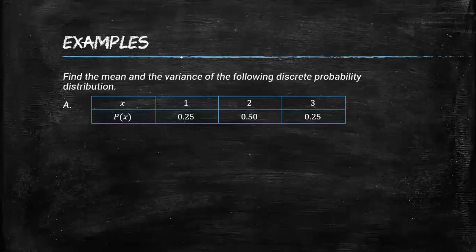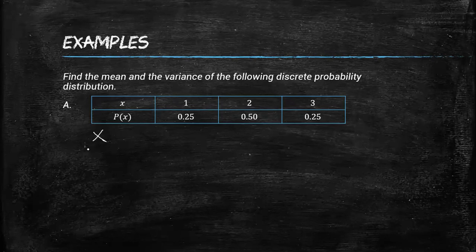Okay. So, we find the mean and the variance of the following discrete distribution or probability distribution. So, anong gagawin natin? Ganito class. Nakapahiga yung table natin. Pero I suggest, ipatayo natin siya para mas madali ang paggawa. So, gagawin natin ganito.